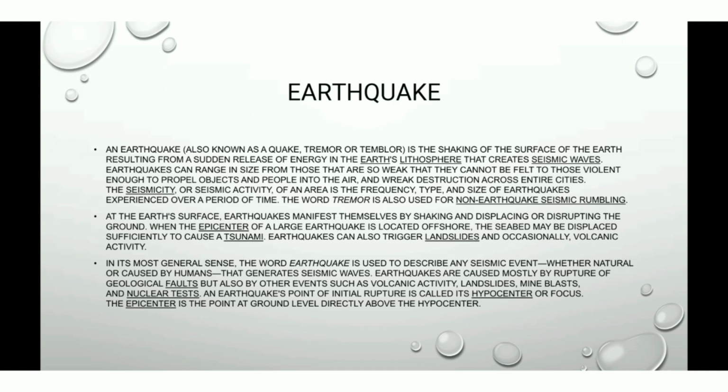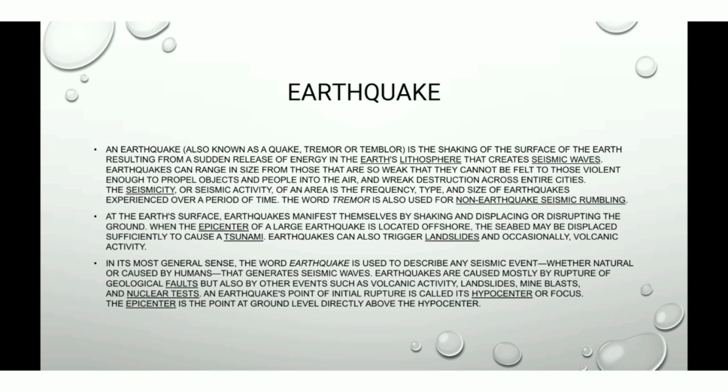The seismicity or seismic activity of an area is the frequency, type, and size of earthquakes experienced over a period of time. The word tremor is also used for non-earthquake seismic rumbling.